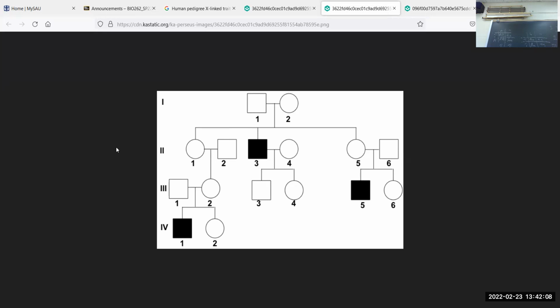If you don't believe me, just run the Punnett square. Let's go ahead and run the Punnett square. Come on, do it with me. Get your stuff out, do it with me.